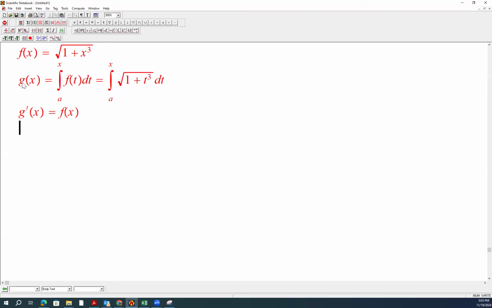It shows that it exists. So this is the Fundamental Theorem of Calculus part 1.